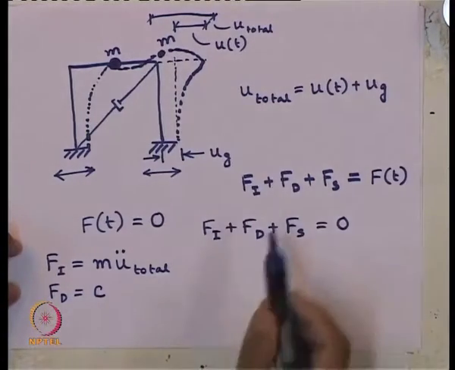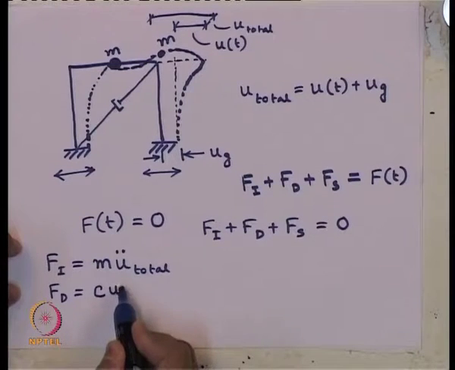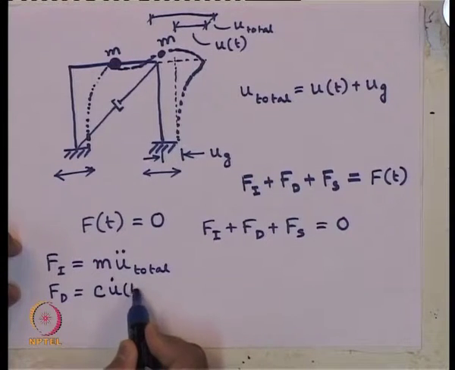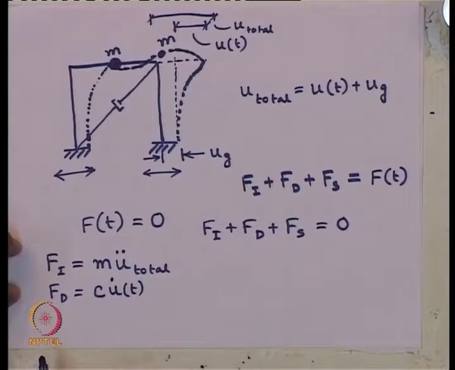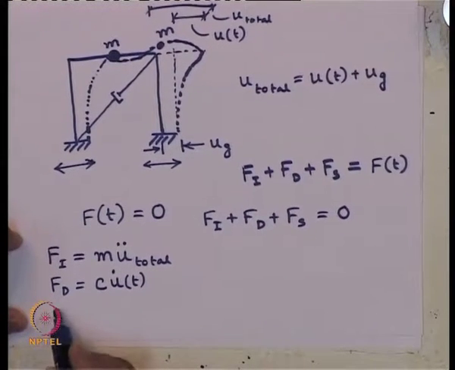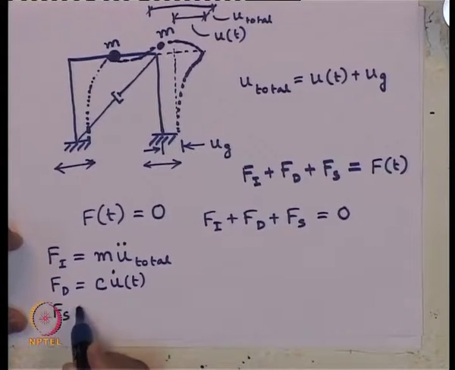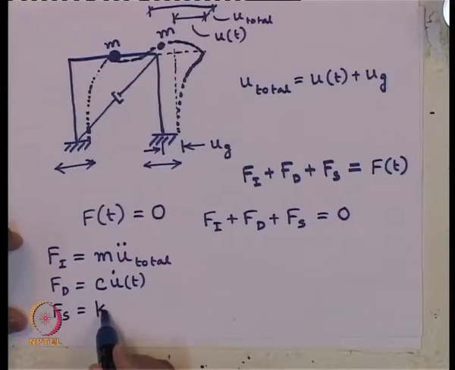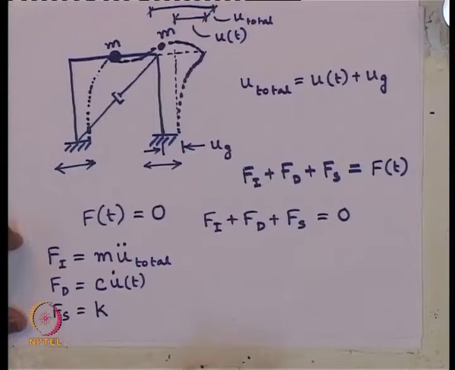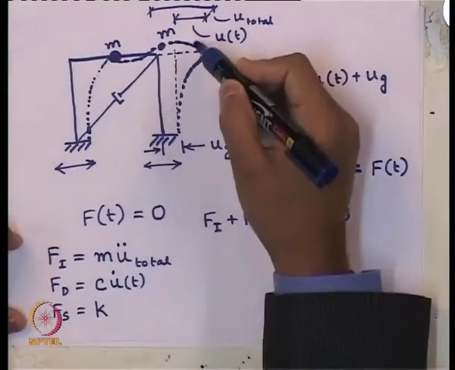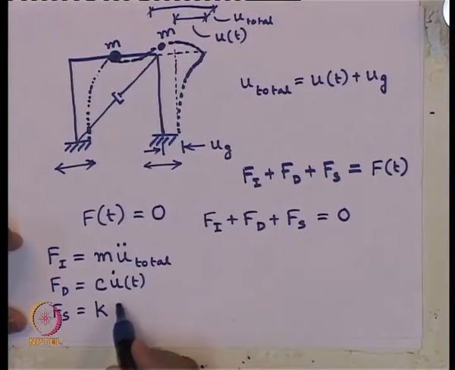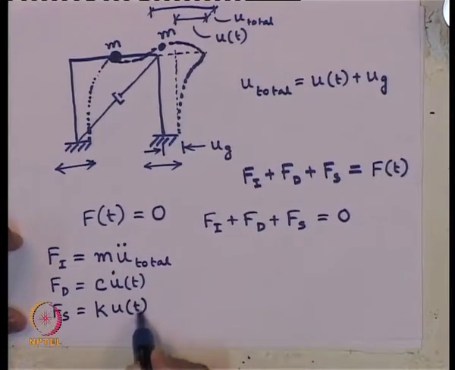About the two ends, it will be u dot of t. And what is the spring force? That is the spring constant k times the relative displacement. What is the relative displacement between this point and this point? That is u of t.